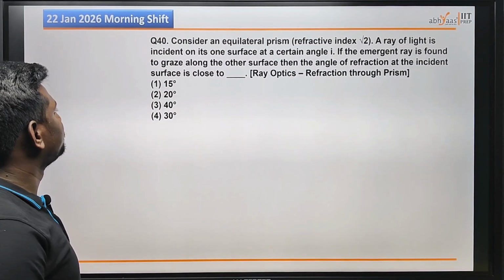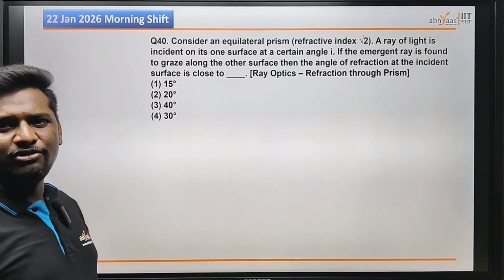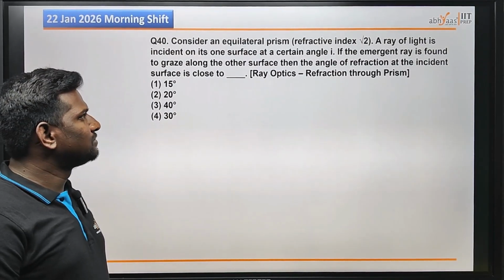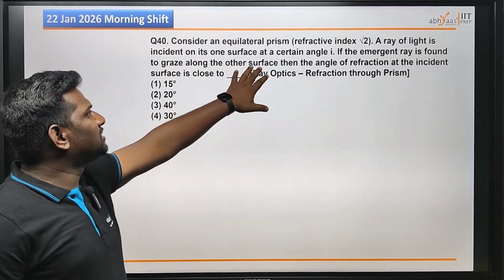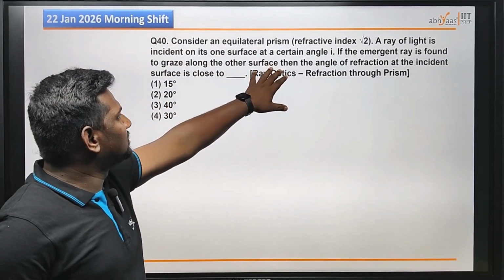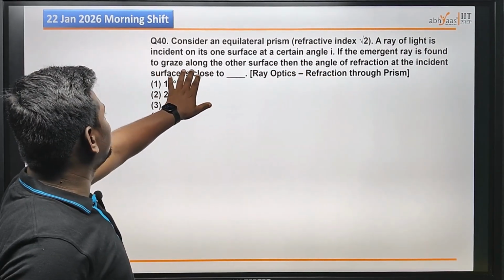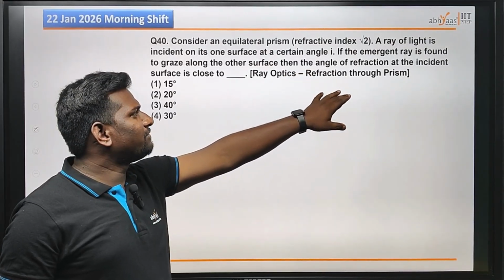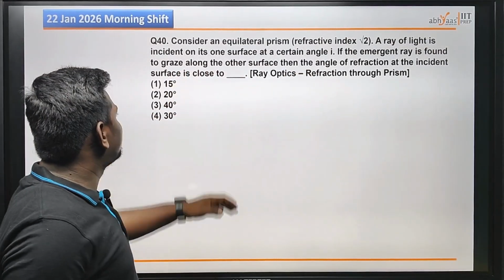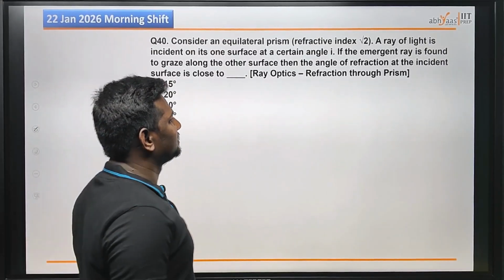Question number 40. Consider an equilateral prism of refractive index √2. A ray of light is incident on one surface at a certain angle i. If the emergent ray is found to graze along the other surface, then find the angle of refraction at the incident surface.